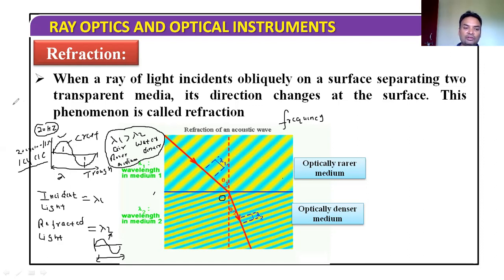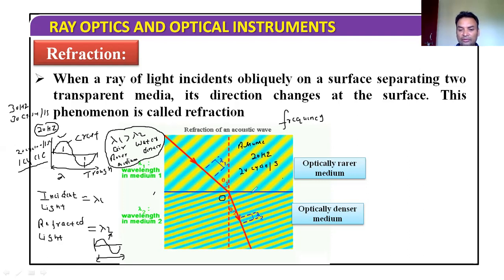30 hertz means 30 cycles in 1 second. That is called the frequency. Let me assume the frequency is 20 hertz in air, means 20 cycles per second.